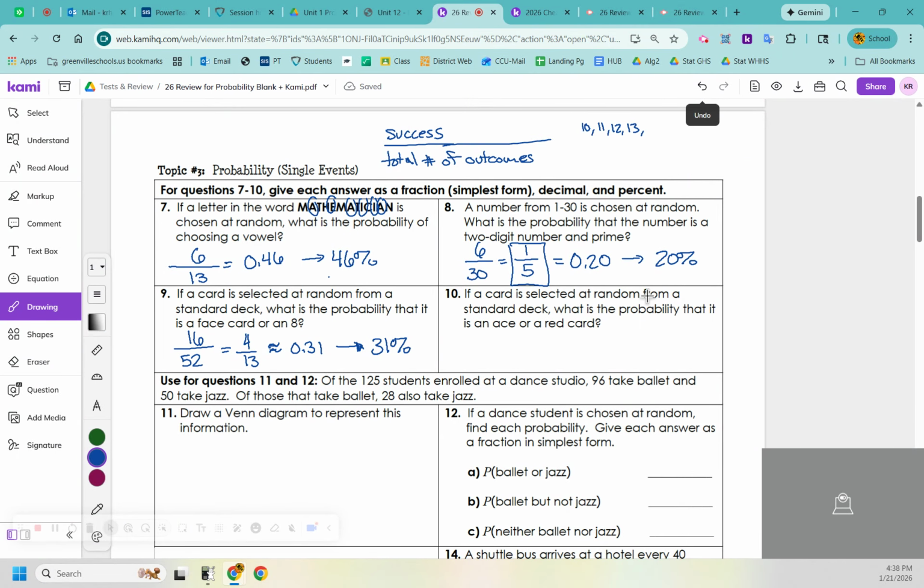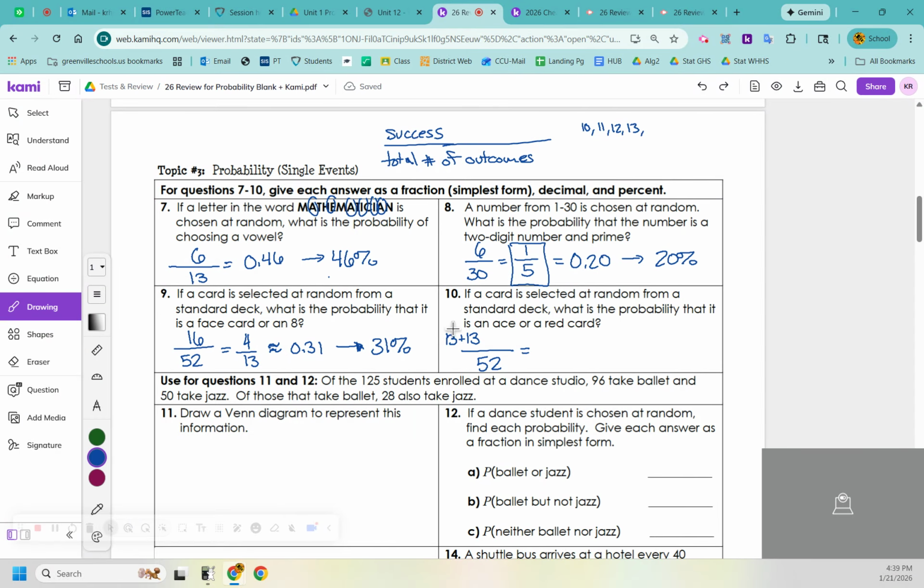If a card is selected at random from a standard deck of cards, what is the probability that it is an ace or red? So there are 52 cards we're choosing from. There are 4 aces and there are 26 red cards, 13 diamonds, 13 hearts. So we have 13 diamonds, 13 hearts, and 4 aces, but 2 of them are red, so we need to subtract.